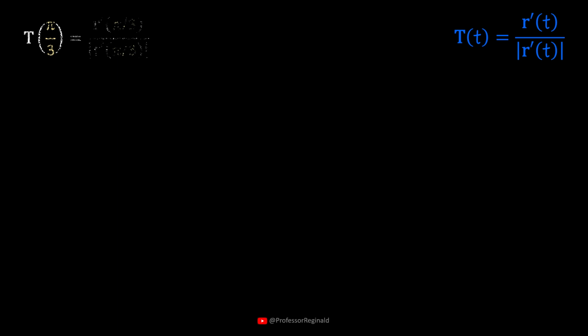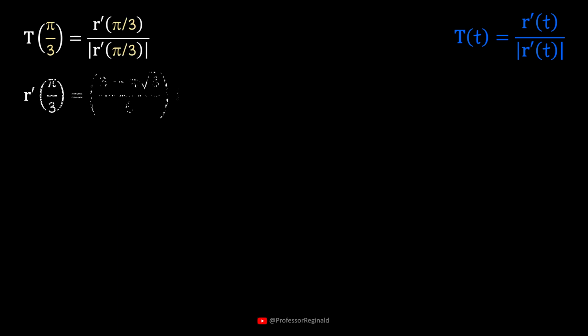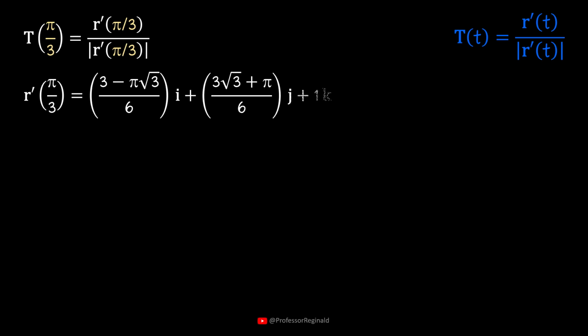Finally, compute the unit tangent vector where t equals pi over 3. The tangent vector for t equals pi over 3 has already been found earlier. Meanwhile, this is the formula for the norm of a vector.